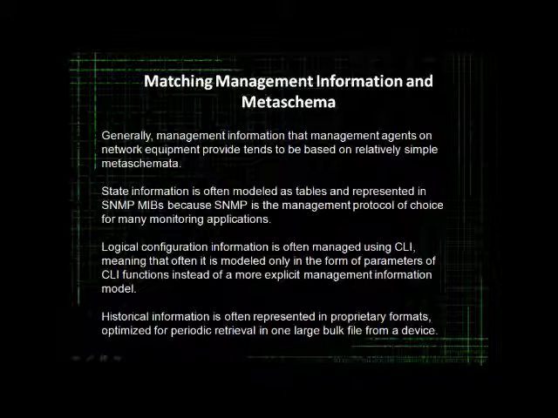And last, historical information is often presented in proprietary formats, optimized for periodic retrieval in one large bulk file from a device. It is important to always remember that no matter what underlying meta-schema is used, a MIB is always a view of a managed device. Accordingly, it is also possible to have multiple simultaneous views of the same device. For example, you could have the same management information accessible via an SNMP MIB and via a set of CLI functions.